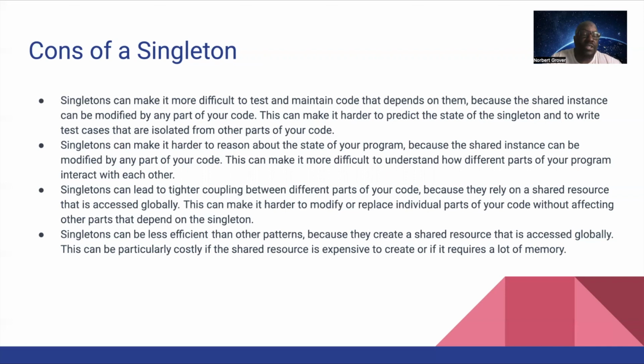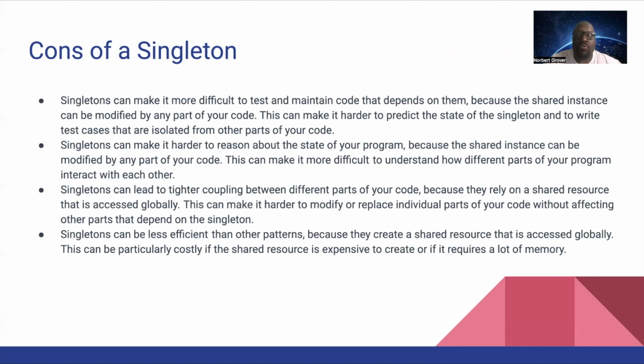Singletons can make it harder to reason about the state of your program because shared instances can be modified by any part of your code. This can make it more difficult to understand how different parts of your program interact with each other. Singletons can lead to tighter coupling between different parts of your code because they rely on a shared resource that is accessed globally.